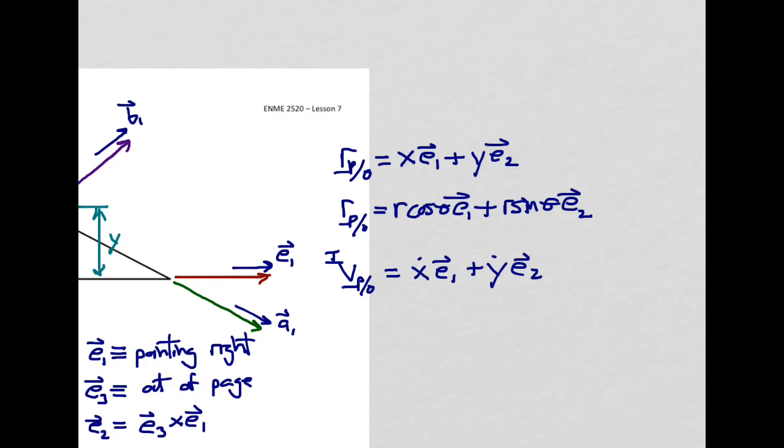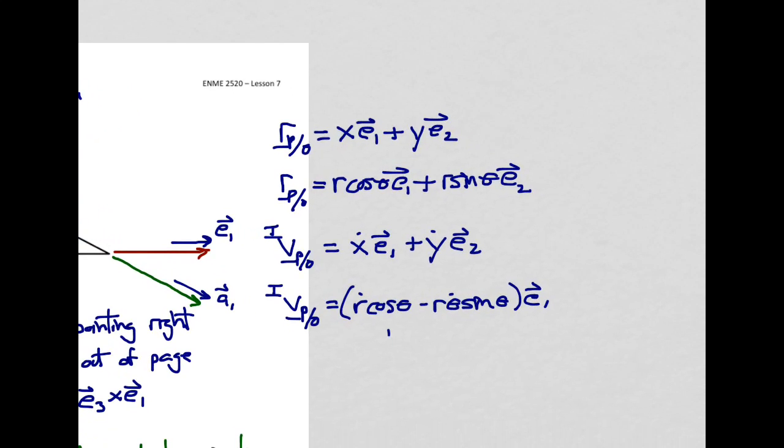In our polar coordinates, velocity of P with respect to O, as observed in the inertial reference frame, we need to use the chain rule, which is r dot cosine theta minus r theta dot sine theta, all in the E1 direction, plus r dot sine theta plus r theta dot cosine theta in the E2 direction.